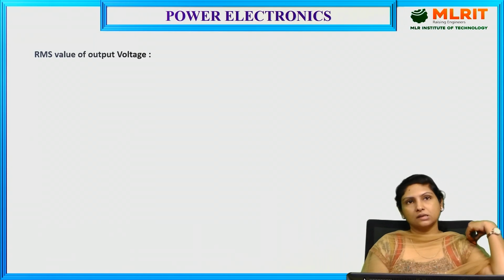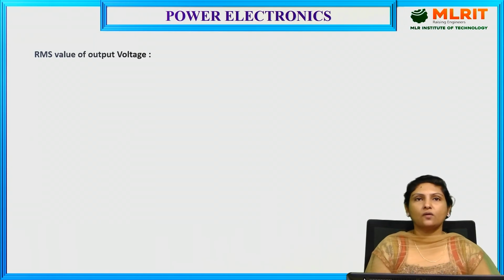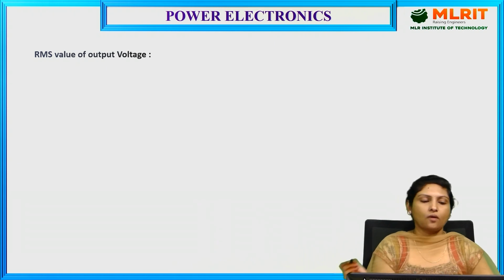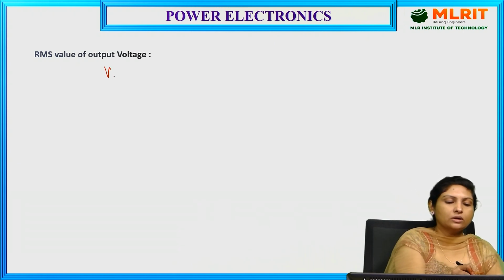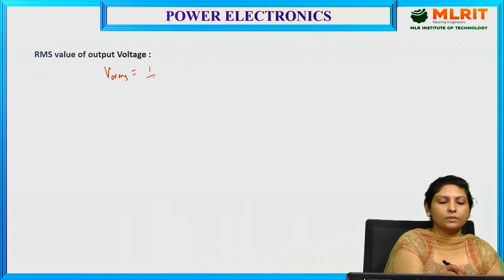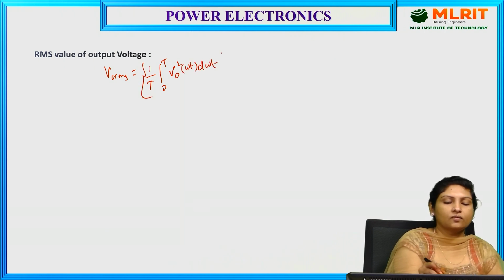Let us observe the RMS value of output voltage. Let us derive the expression for the RMS value of output voltage. Here V0 RMS is given by the general formula, 1 by T integral from 0 to T of V0 square d omega T, whole to the power of 1 by 2.